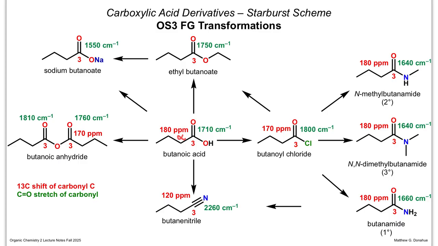As we see in red, those are the chemical shifts of the C13 of the carbon for the carbonyl. And then in green is about the relative location of the CO double bond stretch in the IR. So there's a little nuance to those as the functional group transformations happen.